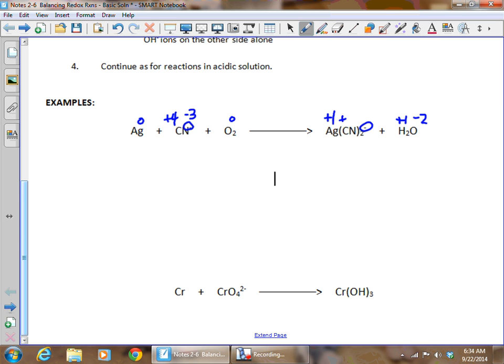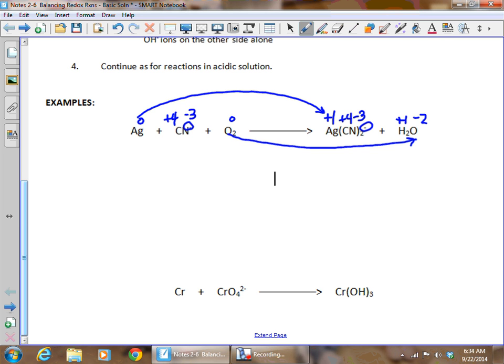So it's still going to be +4 and -3 for our carbon and nitrogen. So let's look at what's happening here as far as our oxidation and reduction are concerned. If you'll notice, silver is going from 0 to +1, so that is our oxidation. And oxygen is going from 0 down to a -2, so there's our reduction.